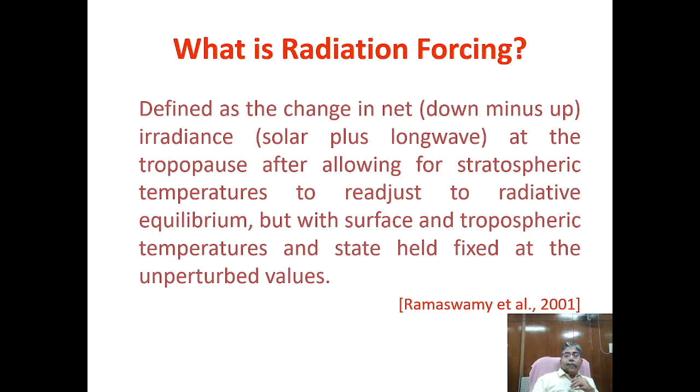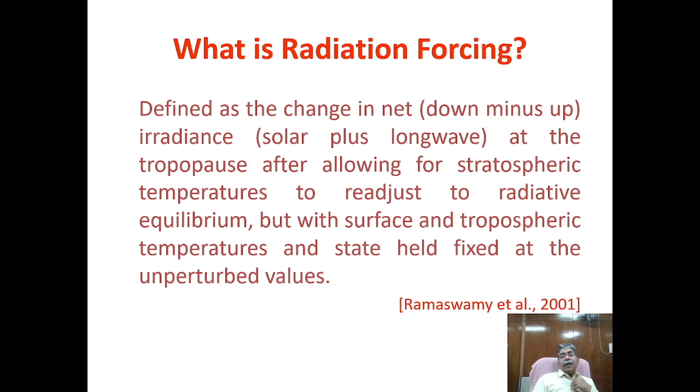So then coming to all these parameters, how will we actually measure the changes in climate, or the effect of climatic changes? It is generally measured in terms of watt per meter square, and the effect is called the radiation forcing.